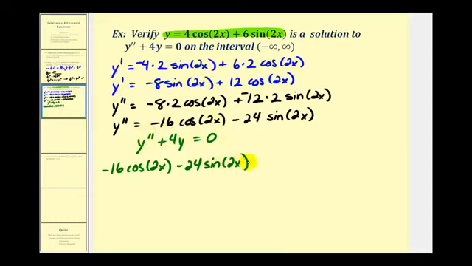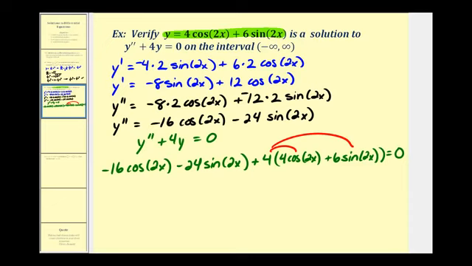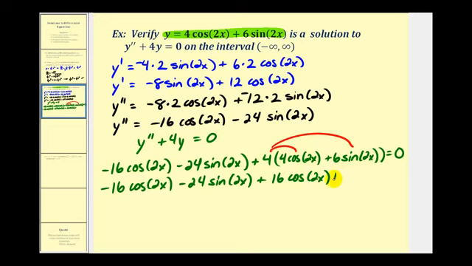All of this is y double prime, plus 4 times y equals 0, where y is 4 cosine 2x plus 6 sine 2x. So now we'll distribute and see if it's equal to 0. So we'll distribute the 4 here, and things are looking good. This first part stays the same. So we'll have plus 16 cosine 2x and plus 24 sine 2x.